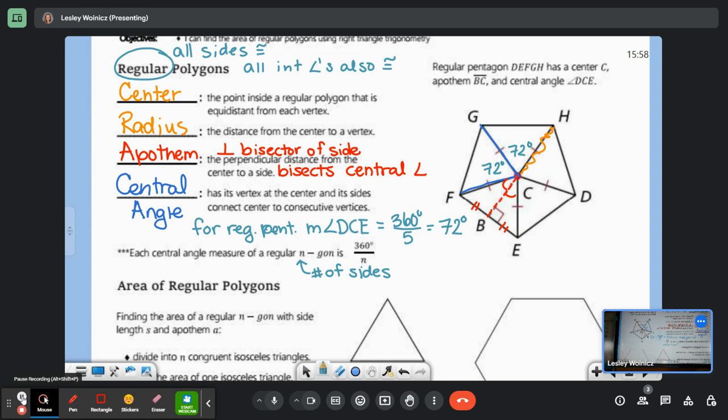Now we're going to use some of these to find area.